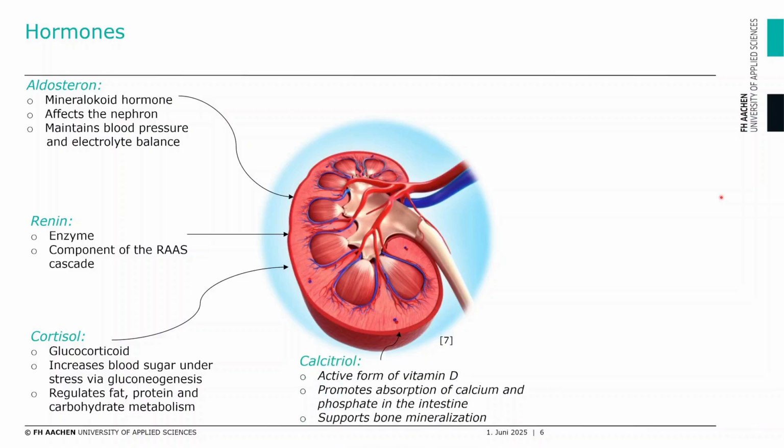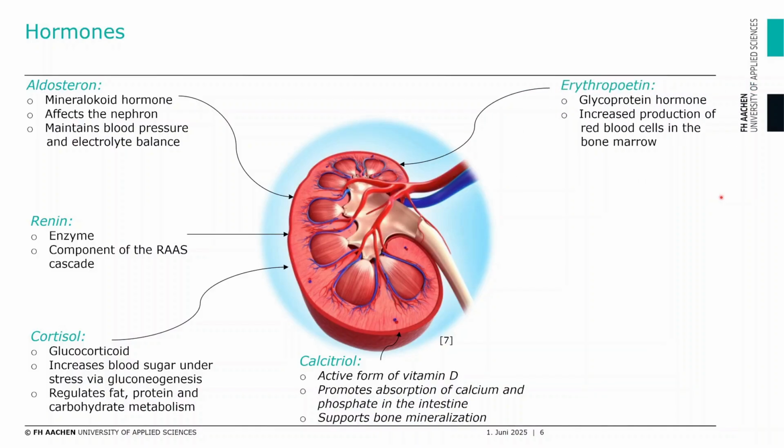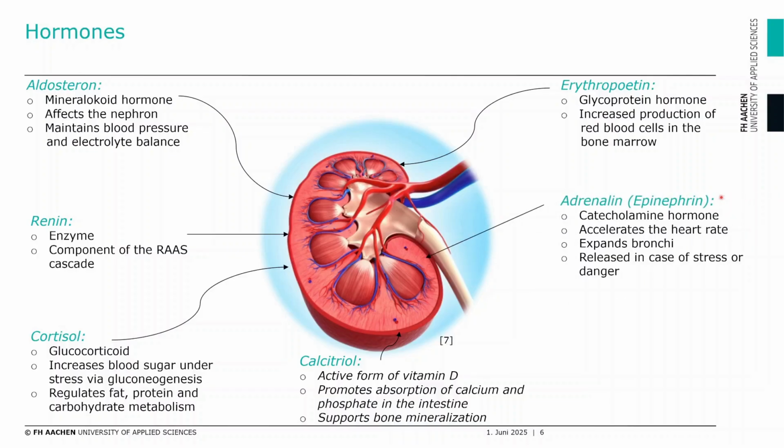Calcitriol is the active form of vitamin D. It promotes the absorption of calcium and phosphate in the intestine and supports bone mineralization. The glycoprotein hormone erythropoietin increases the production of red blood cells in the bone marrow. This happens, for example, when we are at high altitudes. Adrenaline is a catecholamine hormone.